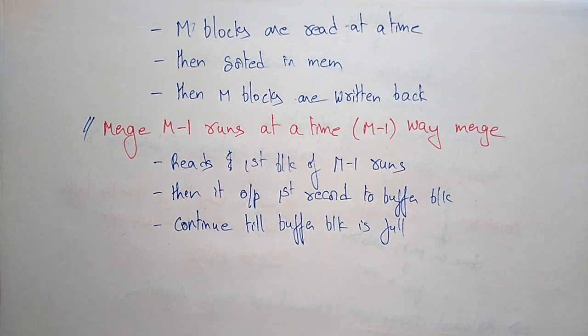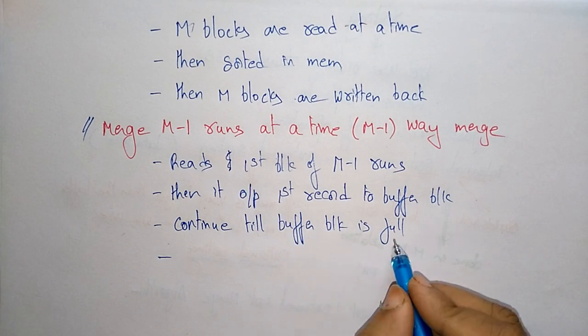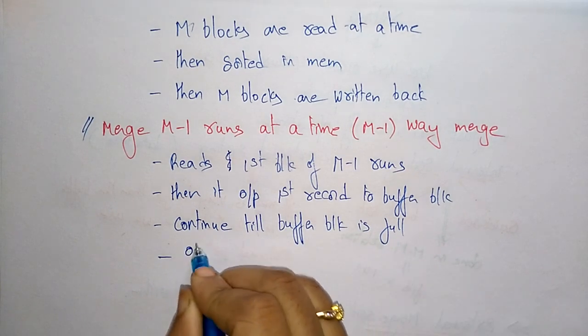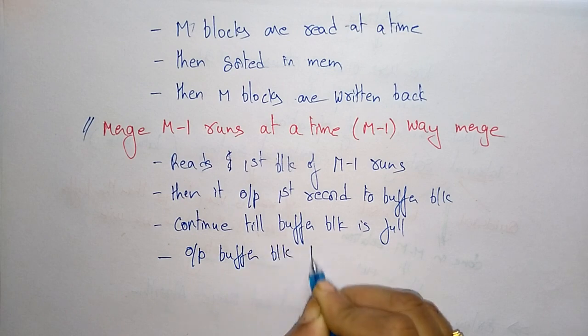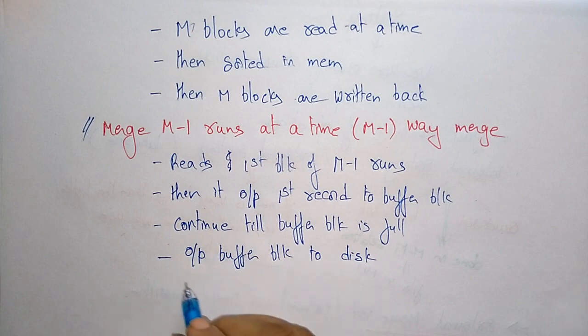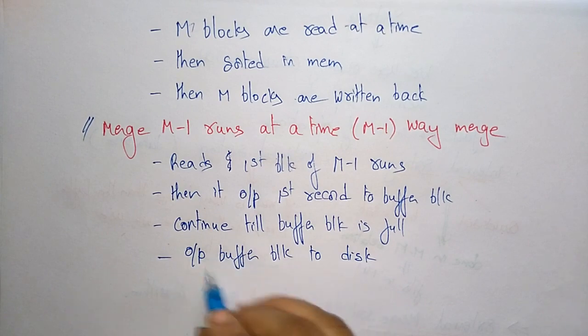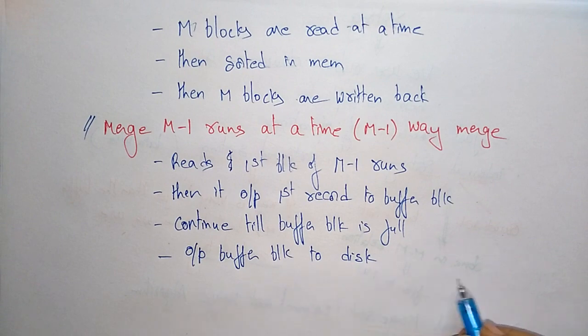Again you make the buffer empty and take another block of records. Continue till the buffer block is full. After that, output the buffer block to disk. Place the output values stored in the buffer on the disk, and make the buffer empty.